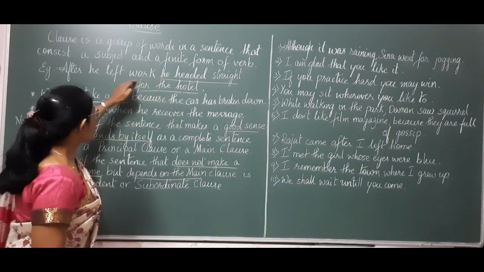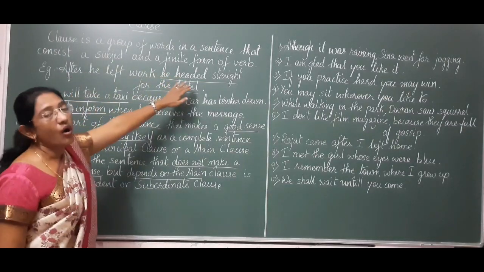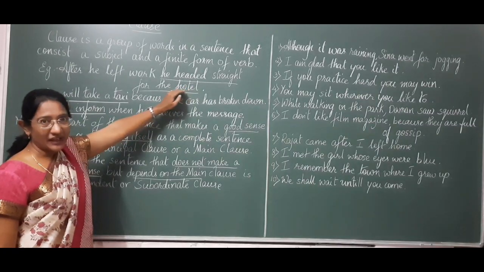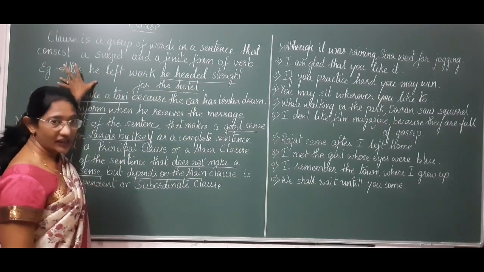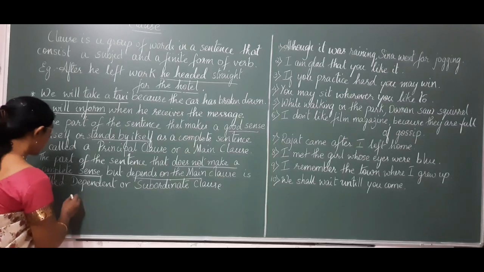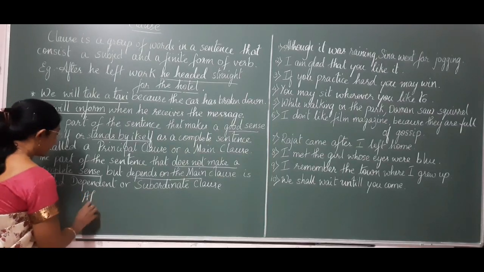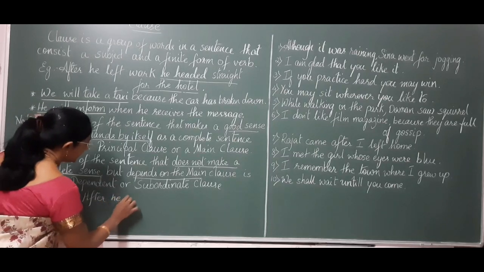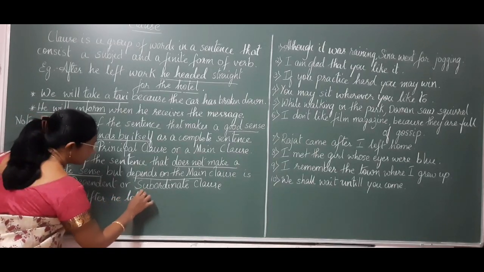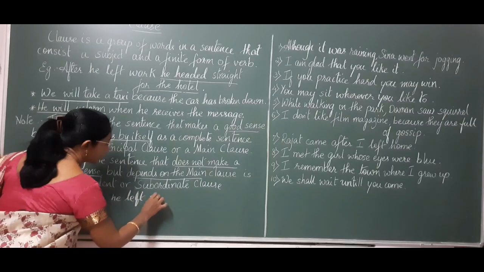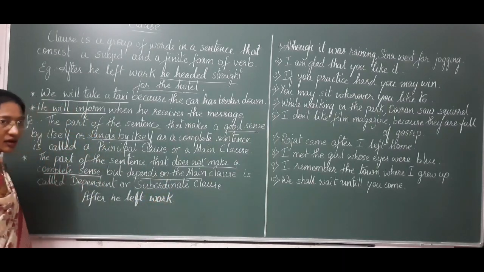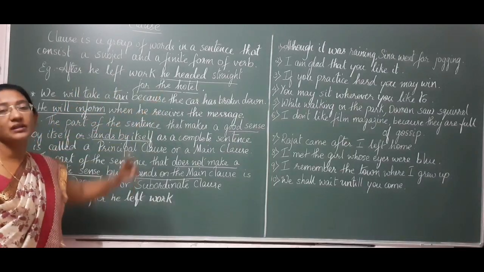So, this part of the sentence which depends on the other part which is giving complete sense or a main clause becomes a subordinate clause. I rewrite. After he left work becomes a subordinate clause as it depends on the main clause.